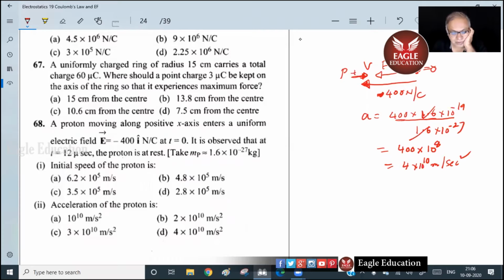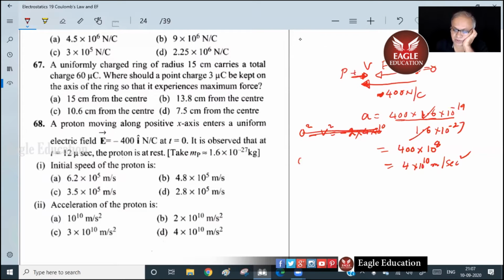Now, the acceleration. The initial speed of the proton is u; we don't know v. We can use v equals u plus at.